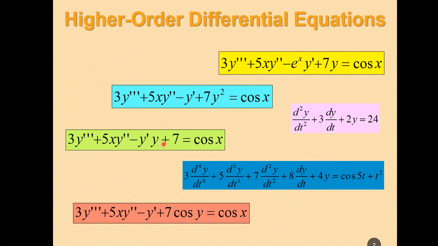Whenever you have such a scenario wherein the derivative of your unknown function is being multiplied to the unknown function itself, or to a function that has y as its argument, the differential equation is non-linear already. So this one is also higher order, but it is non-linear because the derivative of your unknown function was multiplied to the unknown function itself.